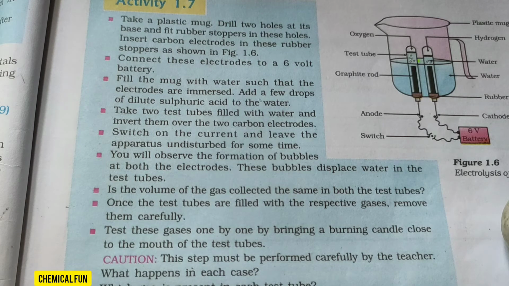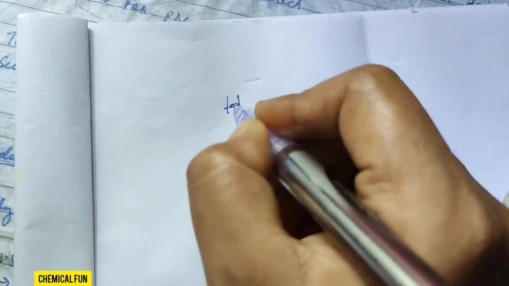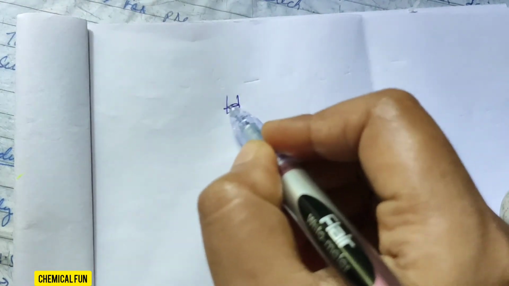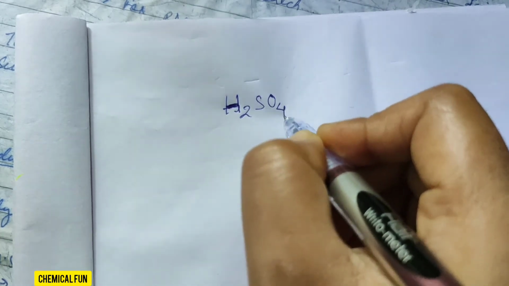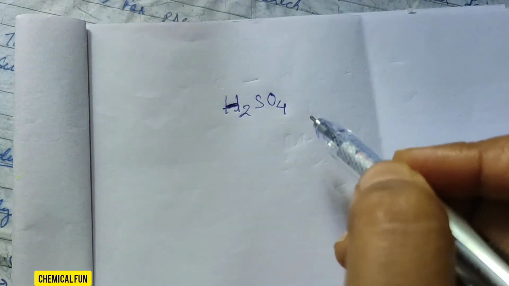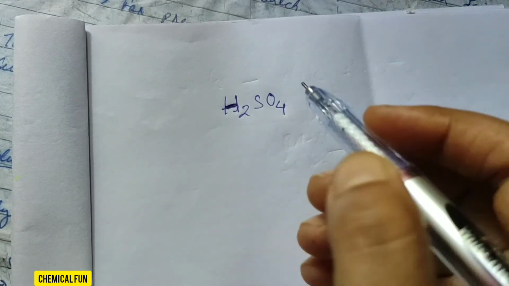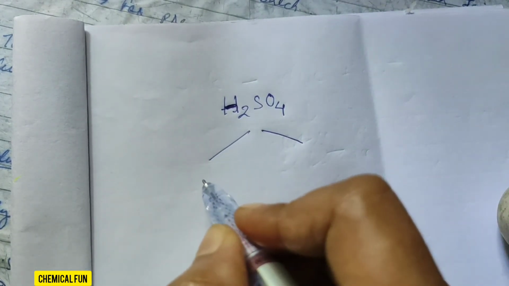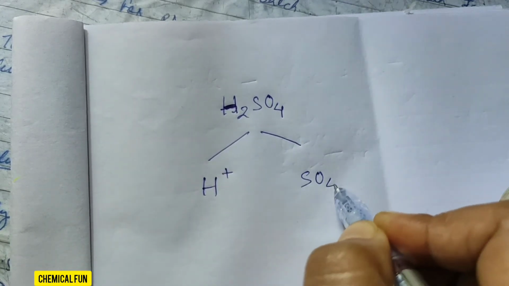Okay, H2SO4, what happens in H2SO4? This is an acid, and we all know that acids have H positive ions in common. So when this acid comes in contact with water, it dissociates to give H positive and SO4 2 negative.